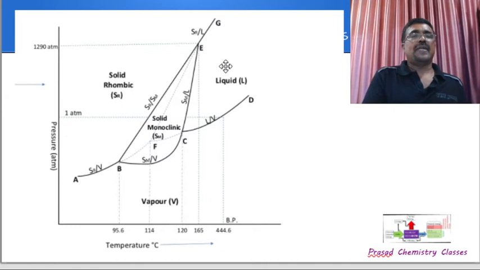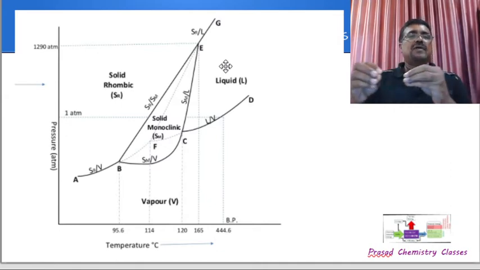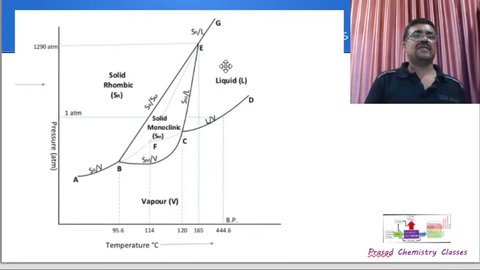The conversion of solid rhombic sulfur into monoclinic sulfur can happen by annealing, at a particular temperature and pressure, and they can be in equilibrium under these conditions. The transformation curve of rhombic sulfur into monoclinic sulfur is indicated by this.